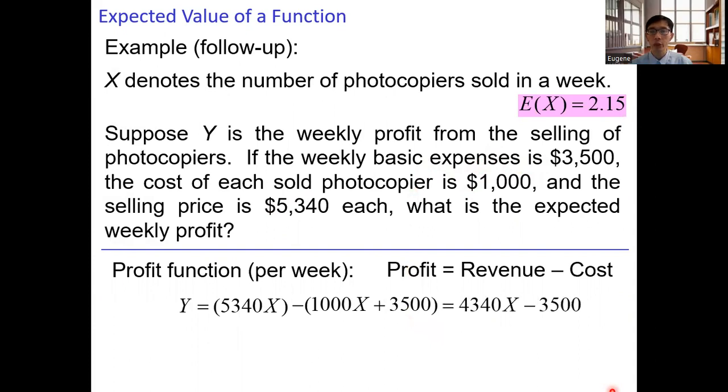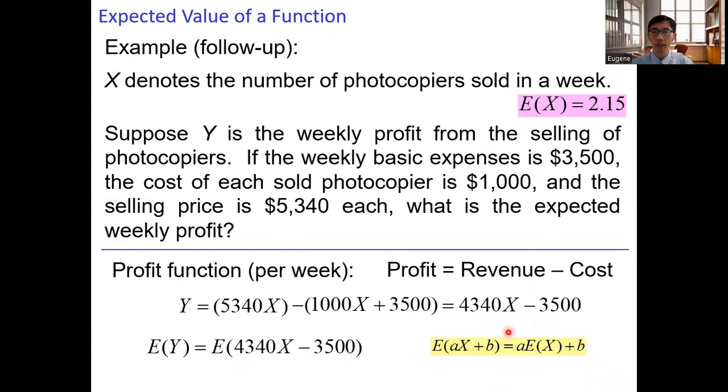Upon simplification, we get the profit function Y equals 4,340 times X minus 3,500. And we want to get the expected value. The expected value of Y equals the expected value of 4,340X minus 3,500.